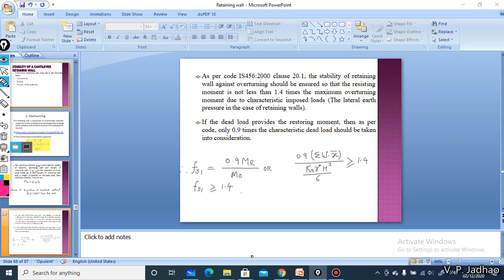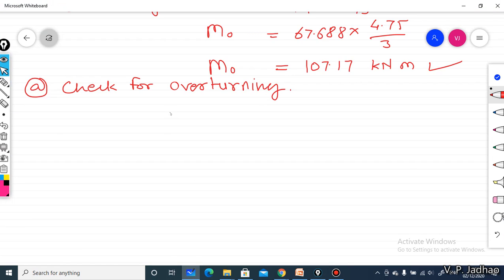So check for overturning: this FS1 should be more than 1.4.